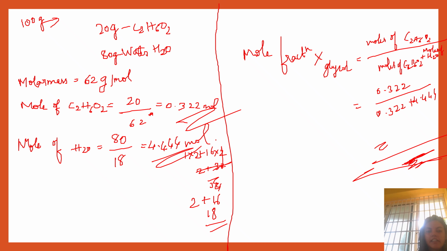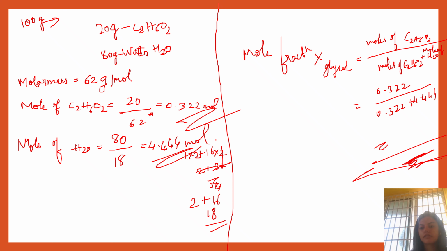How did we get 18? We got 18 by doing 1 into 2, 1 is hydrogen and 2 is H2, plus 16 into 1, that is oxygen. 2 plus 16 is equal to 18. The mole fraction of ethylene glycol formula is moles of C2H6O2 divided by moles of ethylene glycol plus moles of H2O.